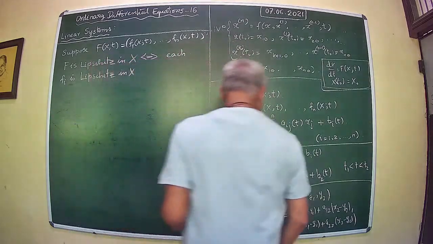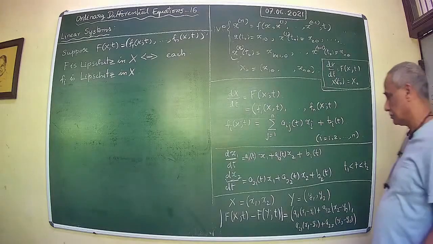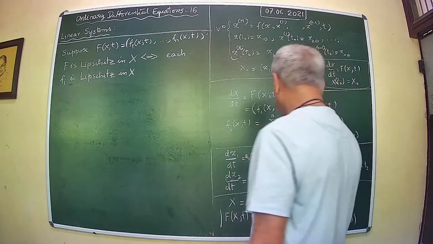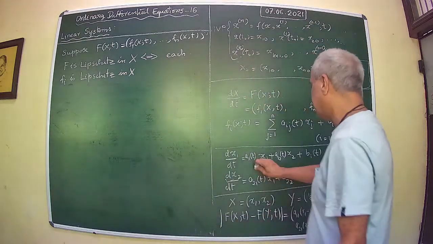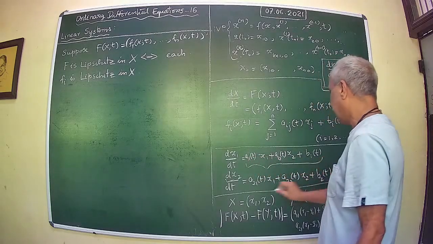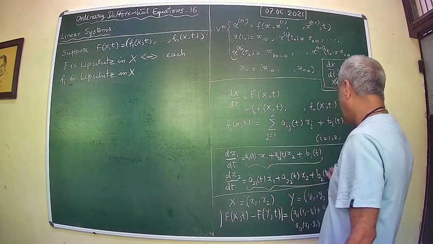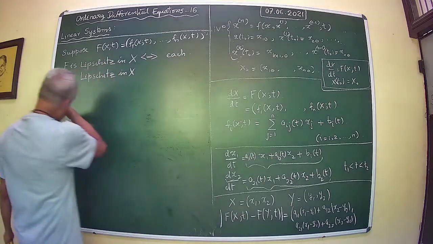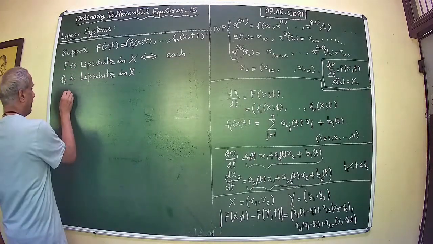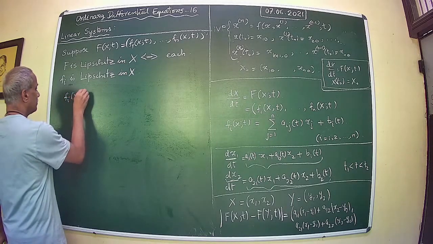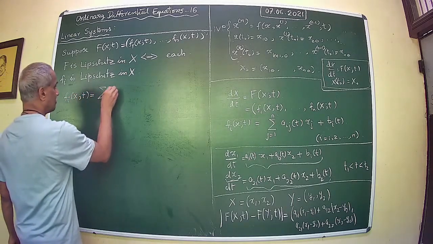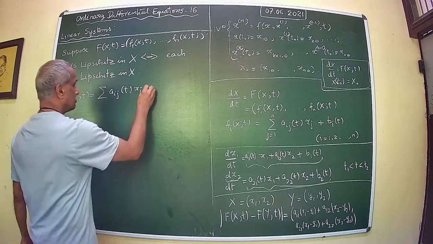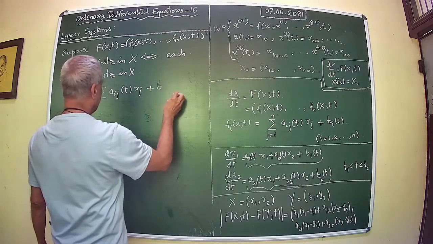Okay. What does that mean here? If you take the components F1 and F2, what are the components of F here? See, this is your F1 and this is your F2. You want each one of these to be Lipschitz. So let me just investigate this. See, we have Fi of... bi(t).